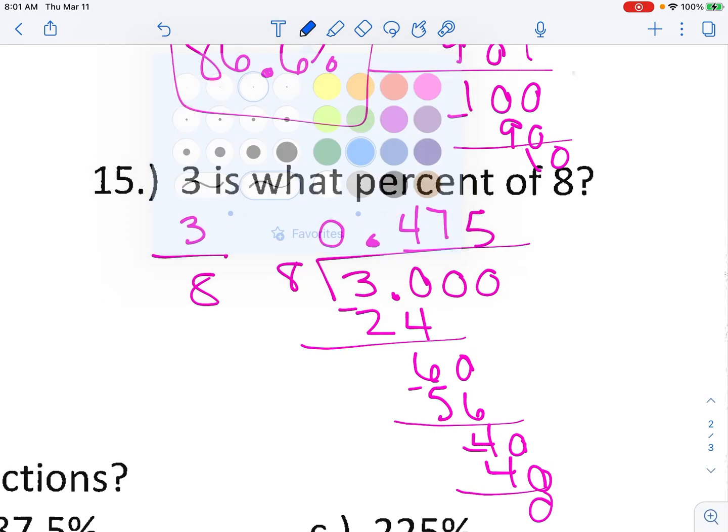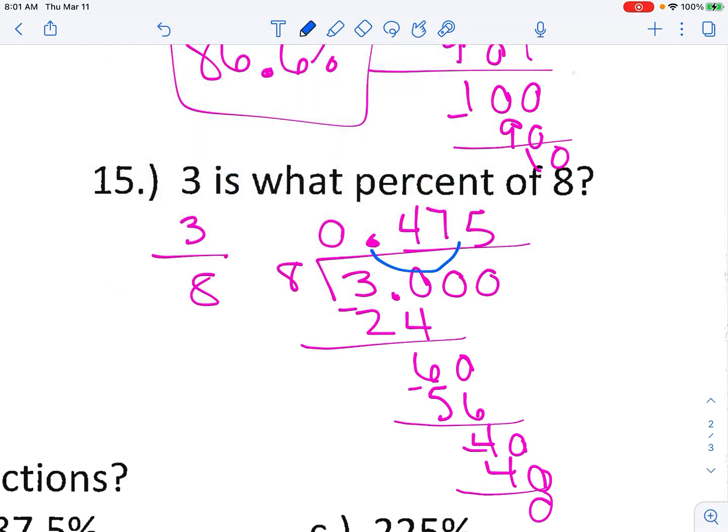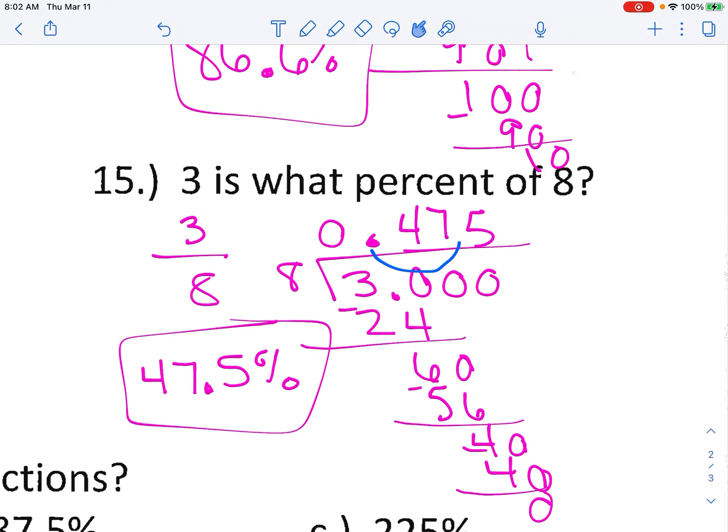Zero remainder. If we're going to convert to a percent, we have to slide that decimal 2 places to the right. So that's going to be 37 and 5/10%.